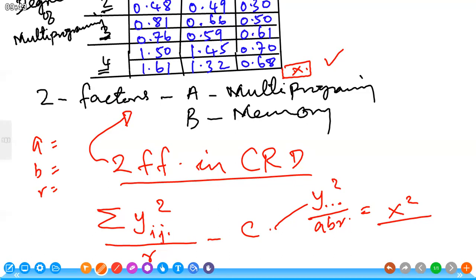What is the level of R or the replicate? 2 replicates. Yes, good.